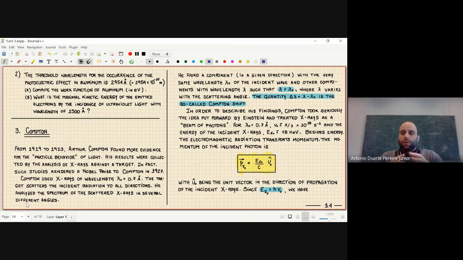Okay? So those results give support to the picture of light being composed of particles.